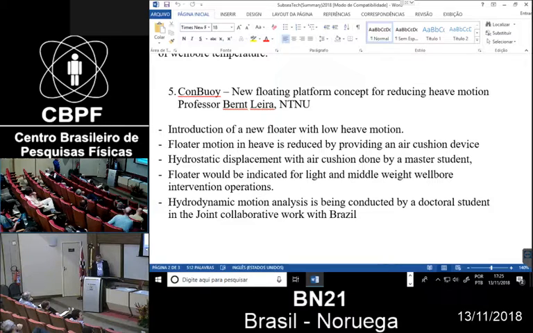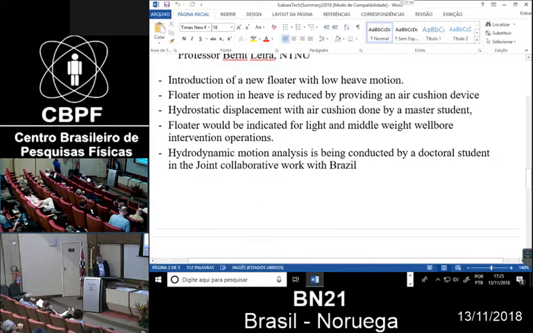A floater would be indicated for light and middle weight wellbore intervention, and also has potential application for production. And hydrodynamic motion analysis is being conducted by a doctoral student in a joint work with Brazil.